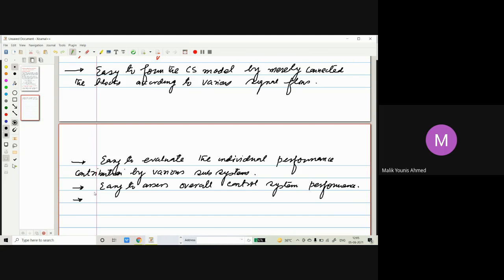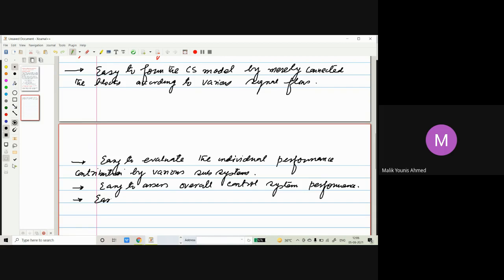Then it becomes easier for him to examine the functional operation of the control system through those blocks, rather than going to the site and looking into things, which is a bit difficult because in the physical system he has to look at a lot of things. When he has put everything on paper, it becomes easy to examine the functional operation of the control system. So this is also an advantage.